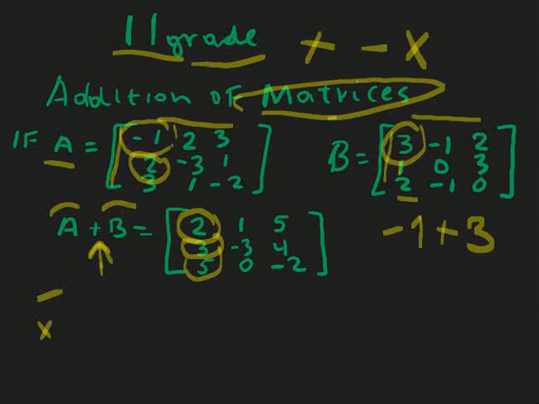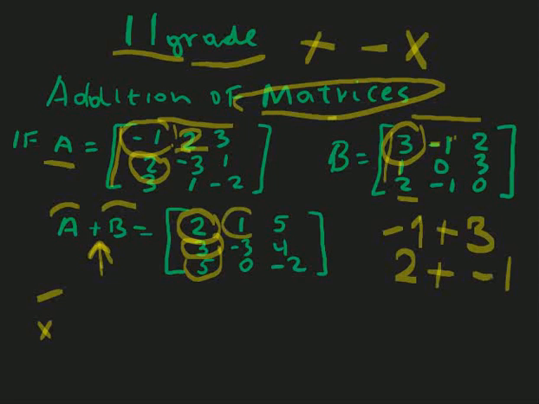Right? So now we have 2 here, and then the second column, -1. If you have 2 plus -1, what are you gonna get? You get 1, right?